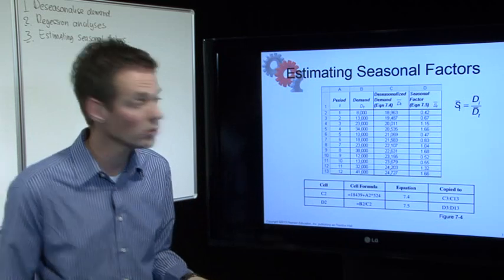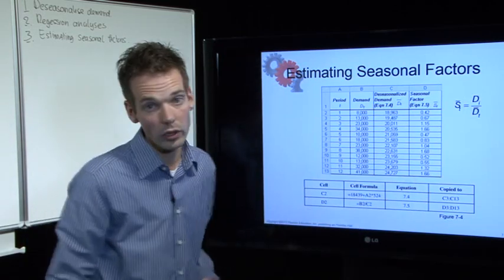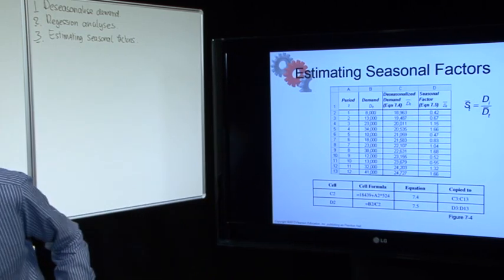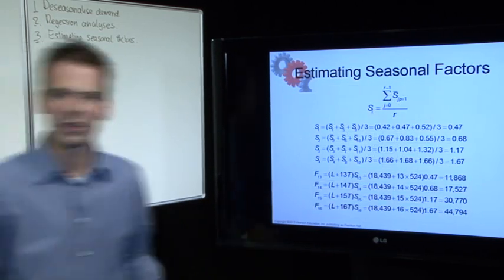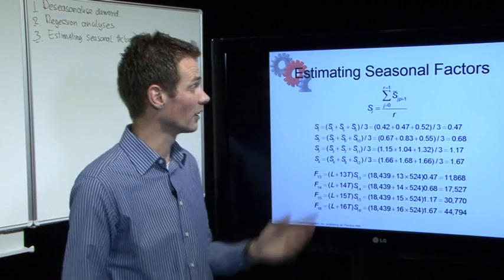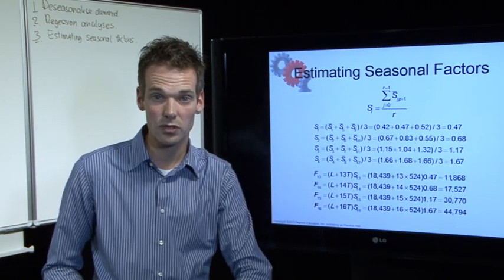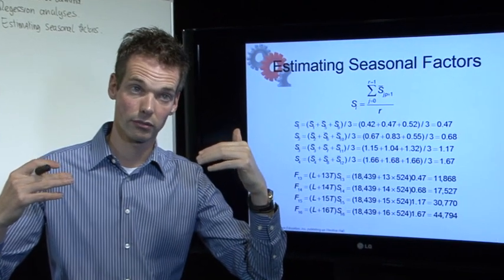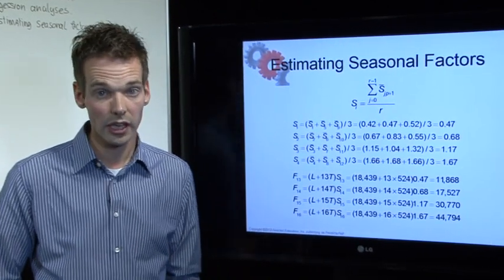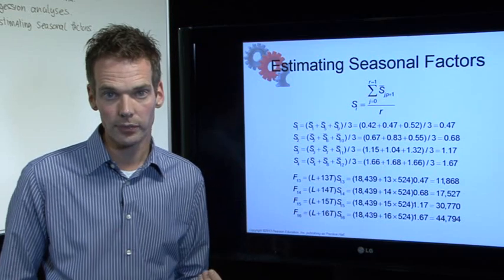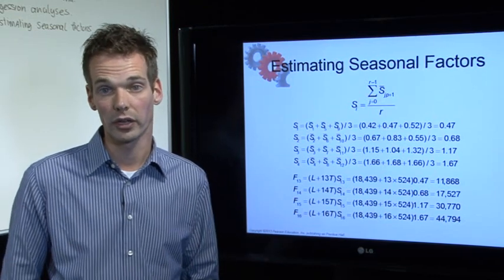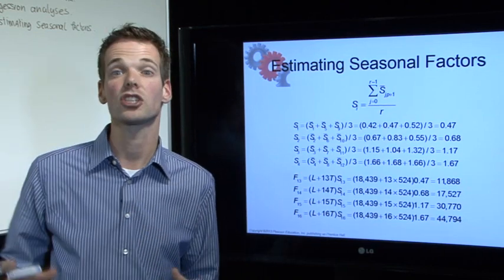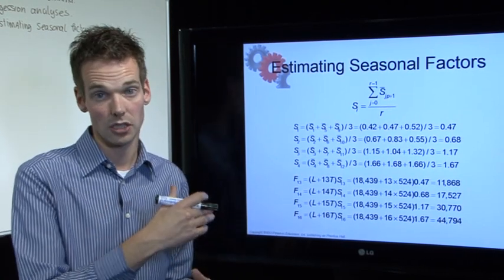And that is what we do for all the seasons. Now, the second step in the estimating seasonal factors is a very obvious one. As mentioned earlier, we have 4 quarters in a year, and a year has a season in this case.